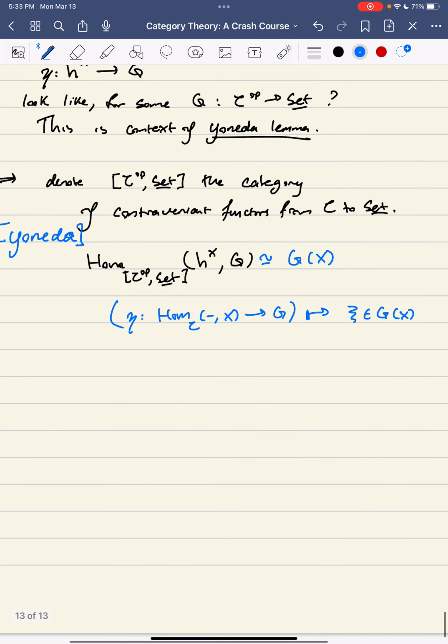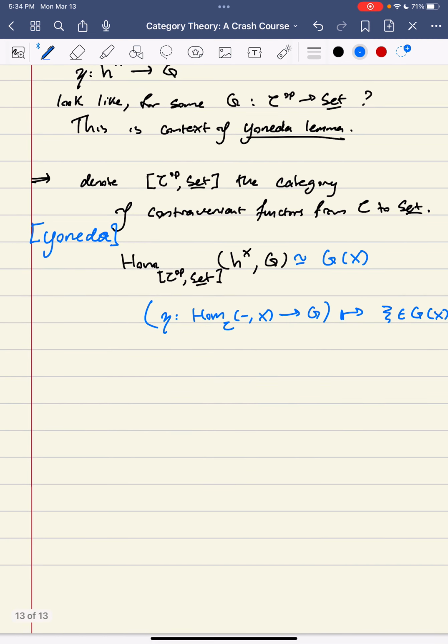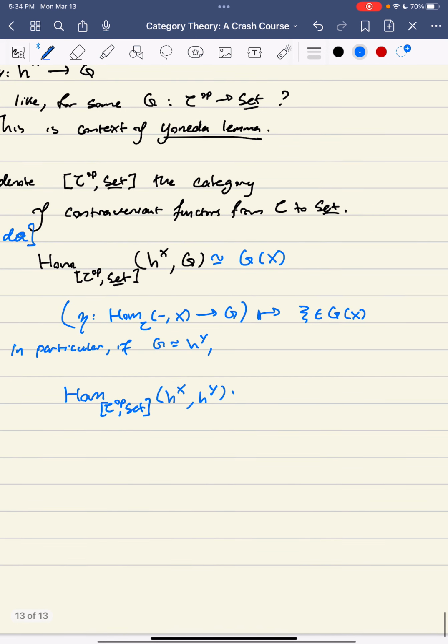So we're going to prove this. So in particular, the following happens. If g is another functor of this form, h to the y, the set of natural transformations from h to the x to h to the y is in bijection with this set, right?